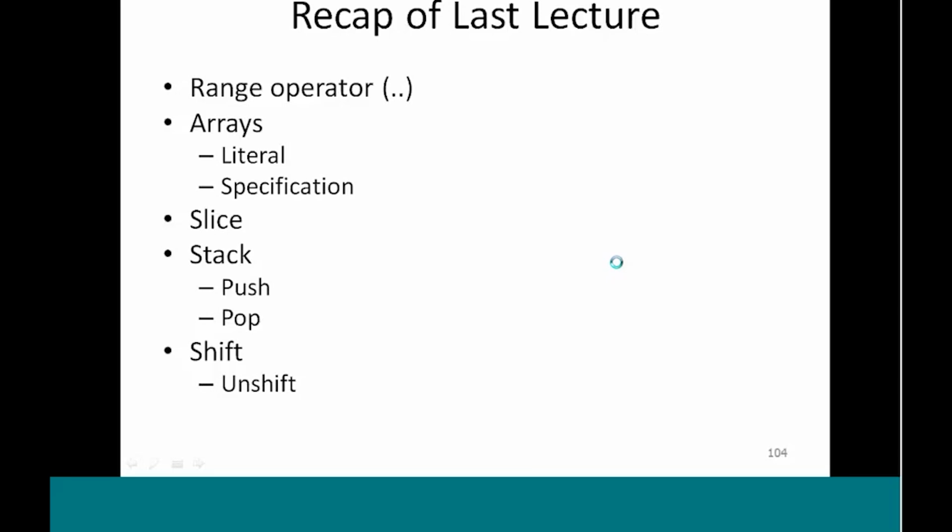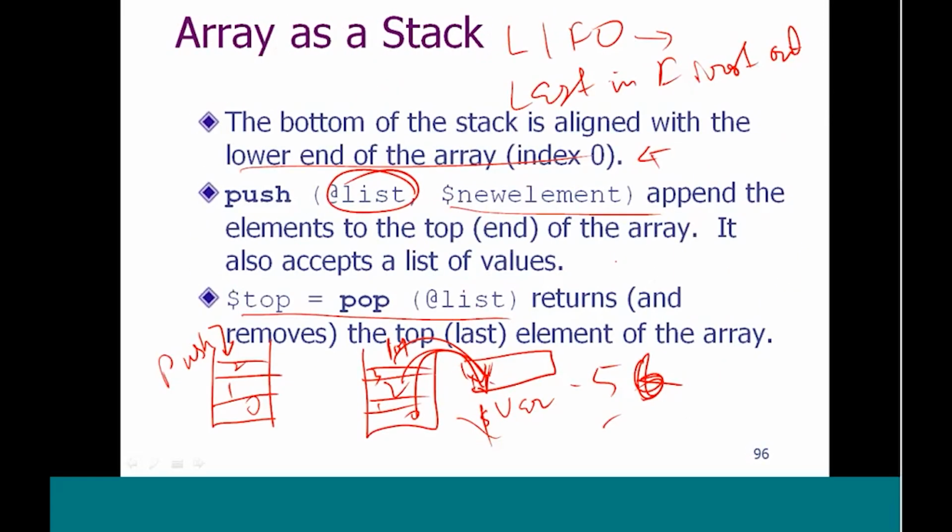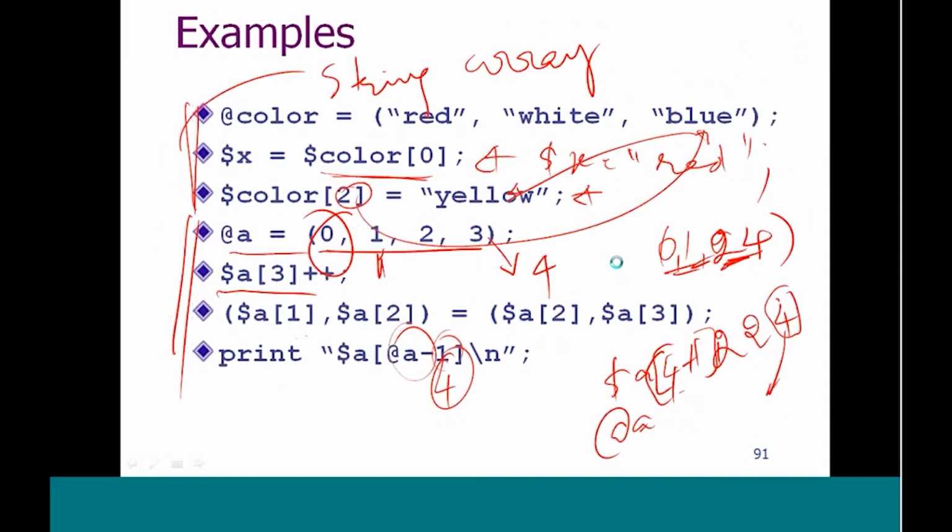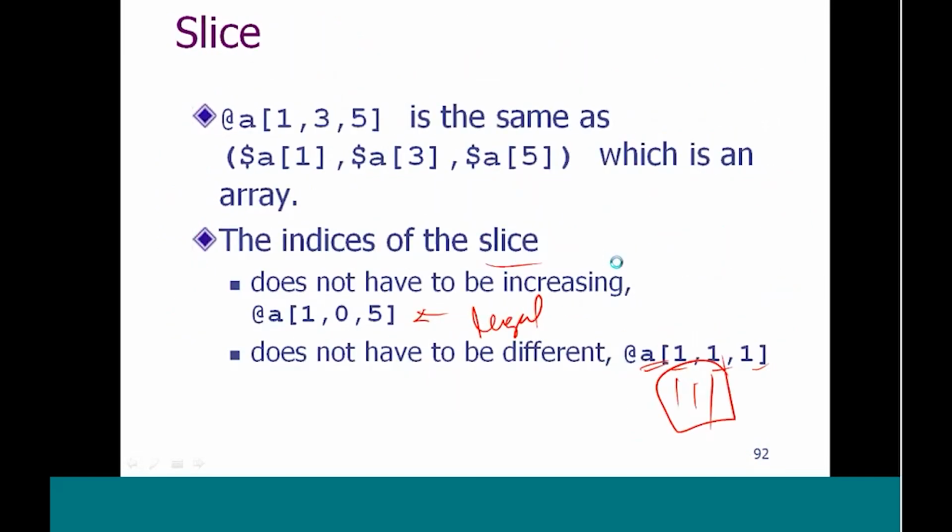Then we also talked about slice. I just wanted to remind you about slice. Let's quickly look into the slice operator. The slice is essentially a shorthand representation of multiple elements of an array.